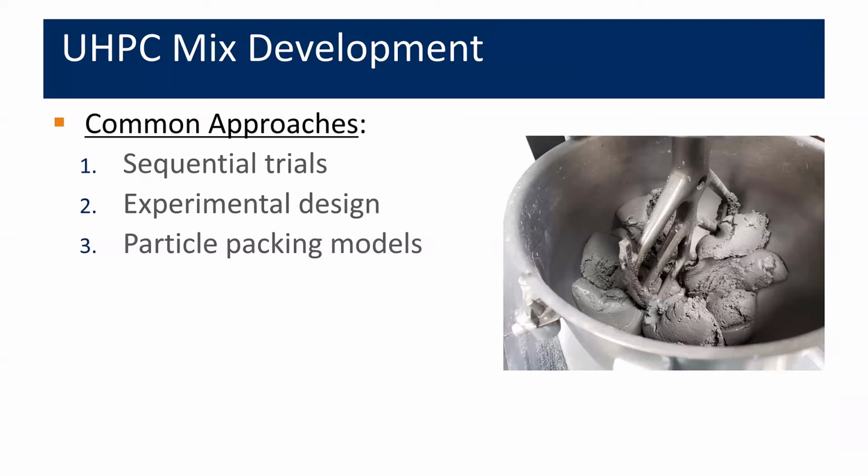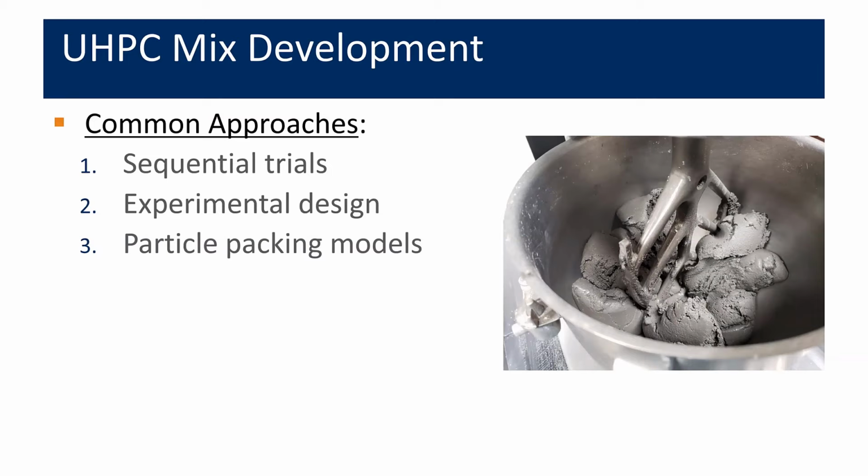If it's not, maybe I want to change the proportions of my sand, maybe reduce some sand, add some cement, add a little bit more water, change my superplasticizer. Essentially, batch a mix, see how it performs, make a few iterative adjustments, and then batch again until we get a mixture that performs the way you're looking for.